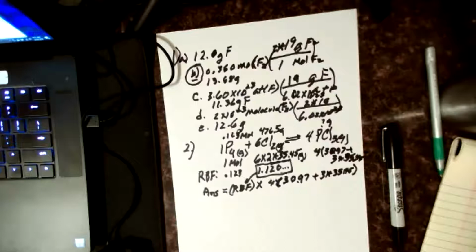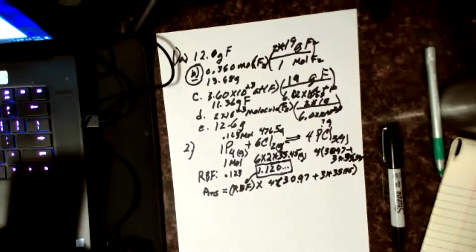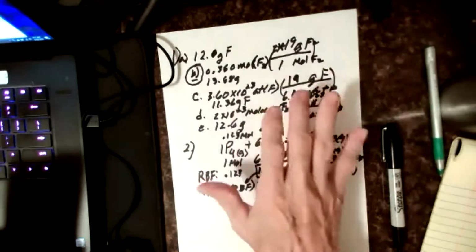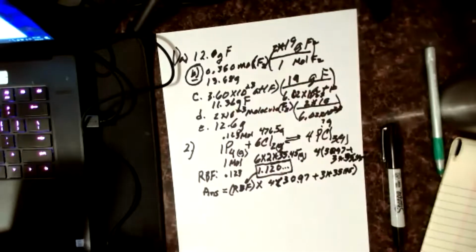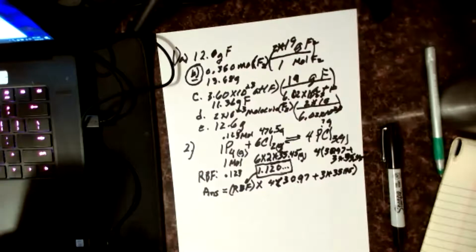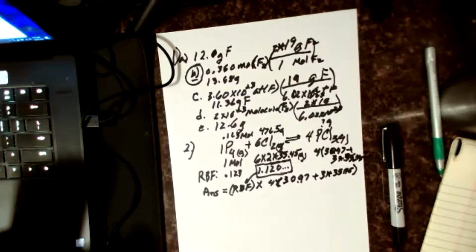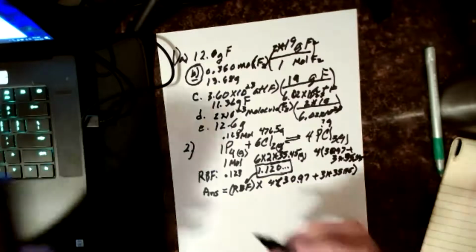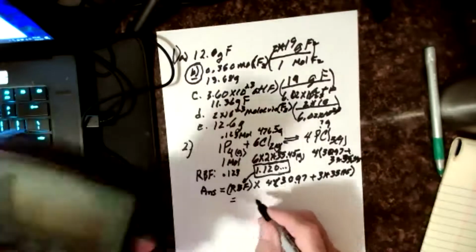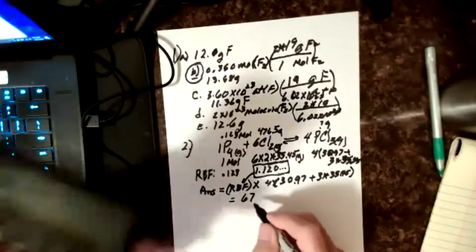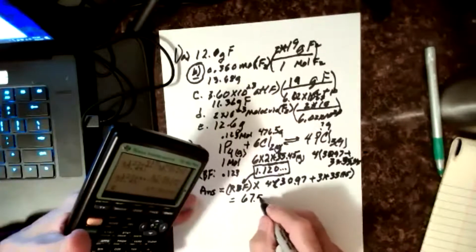I'll do 0.123 times. I'm close, but close is not enough. Close only counts in horseshoes and atom bombs, remember? No, I'm coming out with the same answer. So it's 67.56.